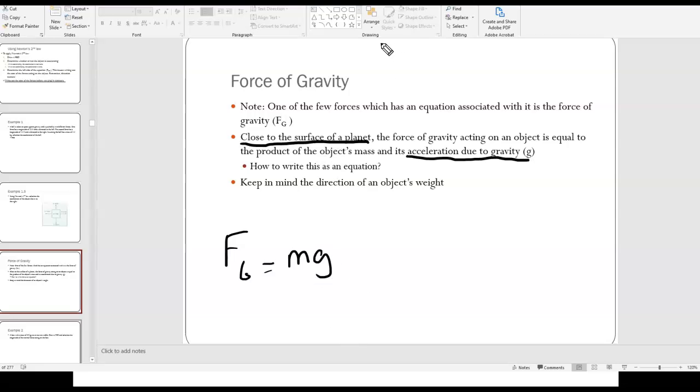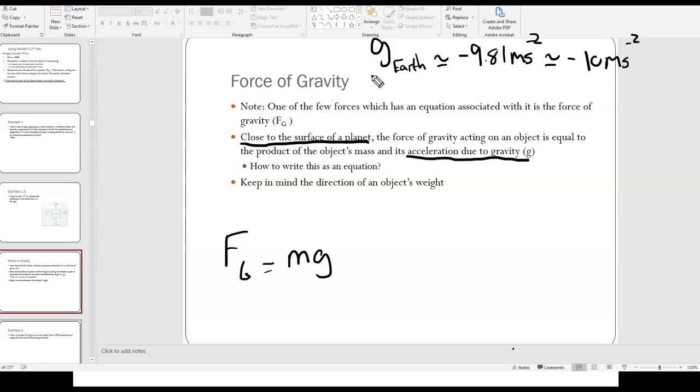Now remember that on Earth, the value for g is approximately equal to negative 9.81 meters per second squared, which we typically round to negative 10 meters per second squared, at least in the simplified calculations.